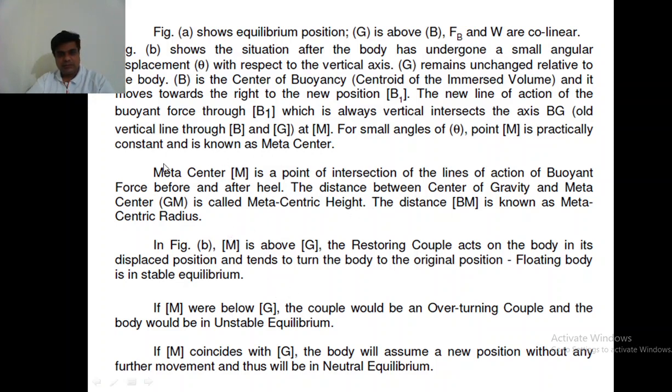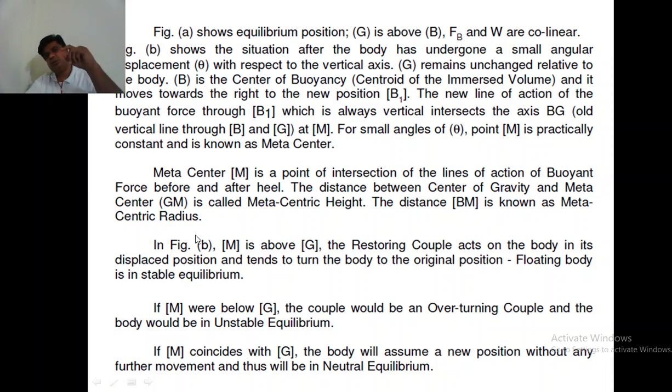So the metacenter is nothing but the point of intersection of the lines of action of the buoyant force before and after twisting. The distance between the center of gravity and the metacenter is called the metacentric height. This is important here. And the distance BM is known as the metacentric radius.